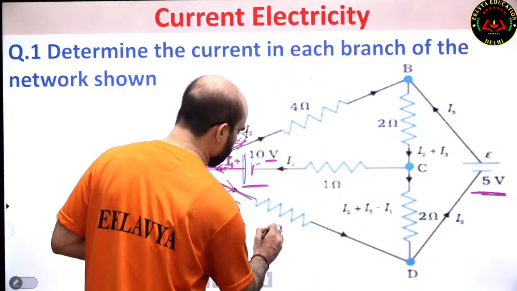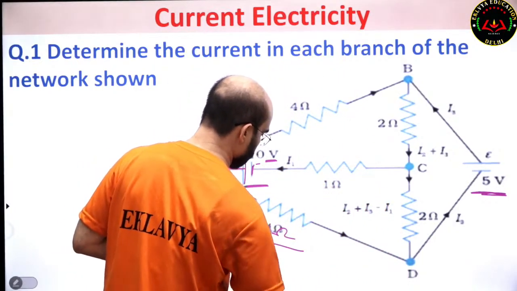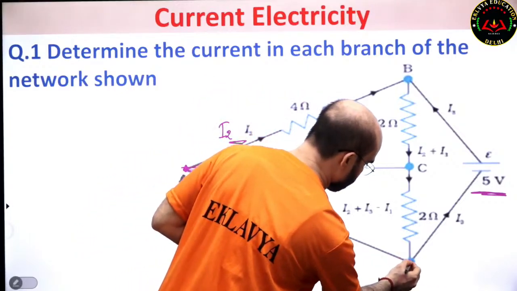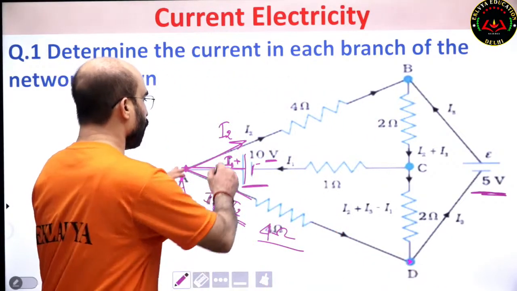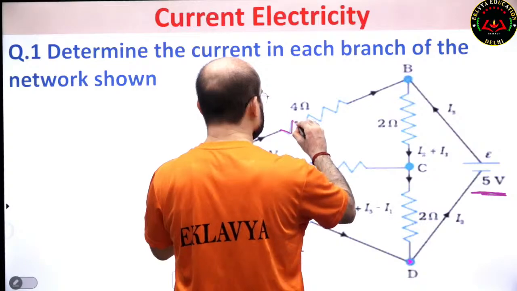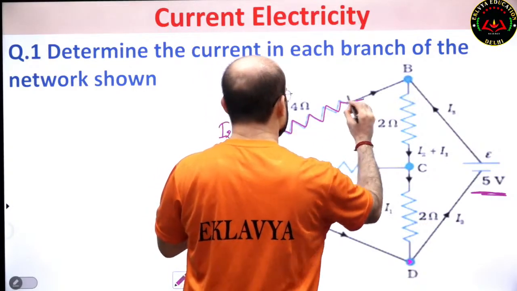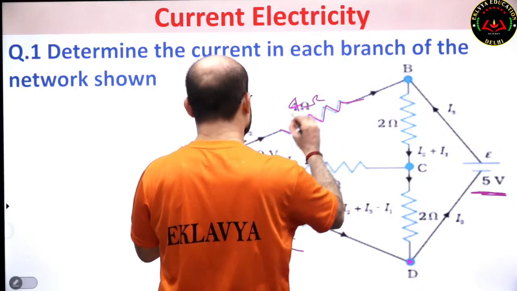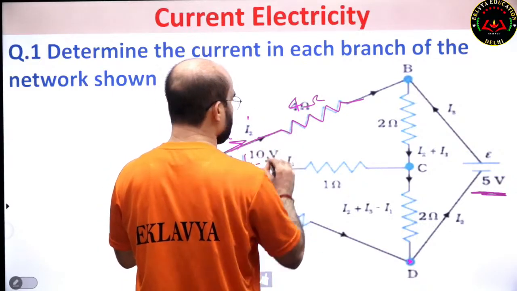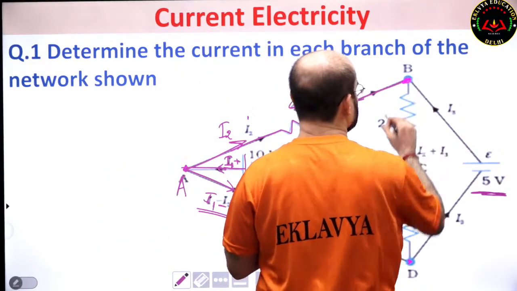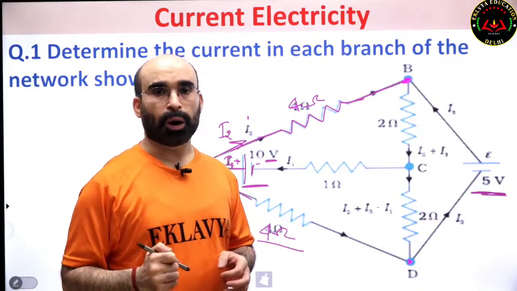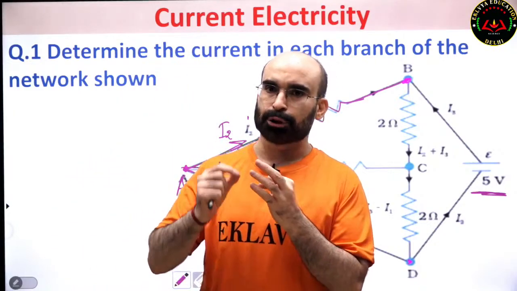This resistor has a value of 4 ohm. This will come here till point D. Now, this 4 ohm resistor has the current I2 coming in, till here. Okay, fine. Now I have used I1 and I2.